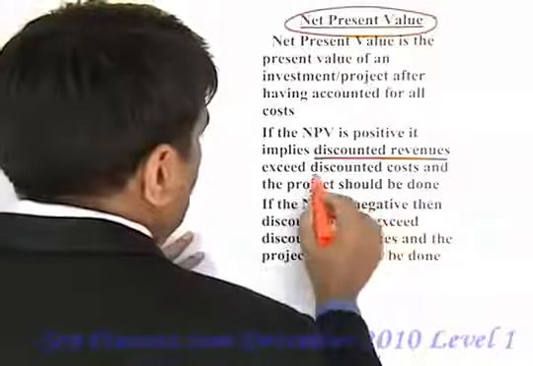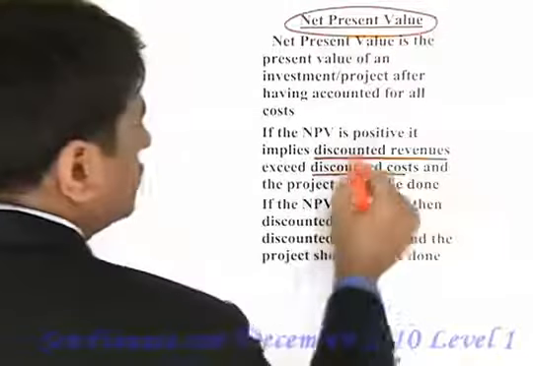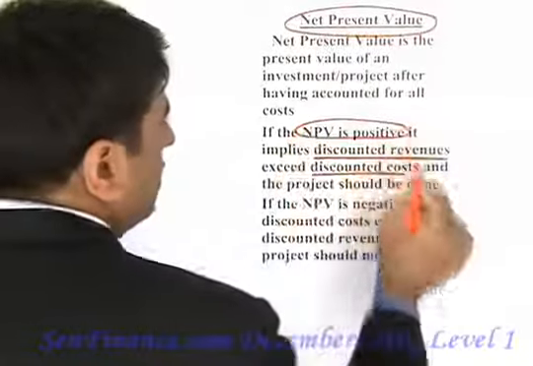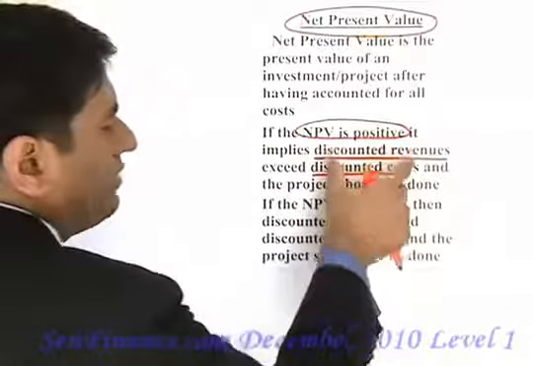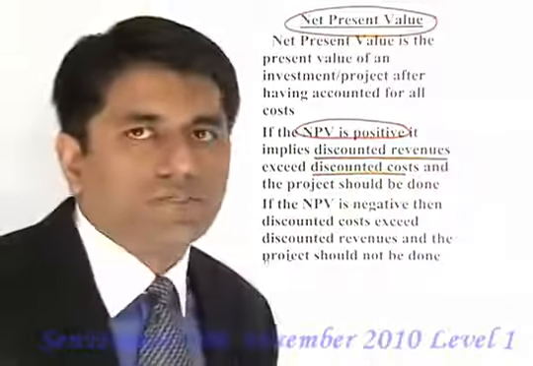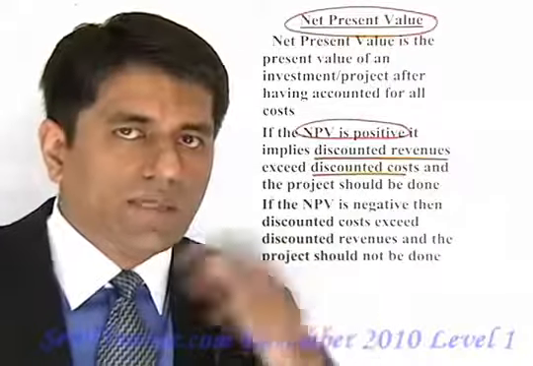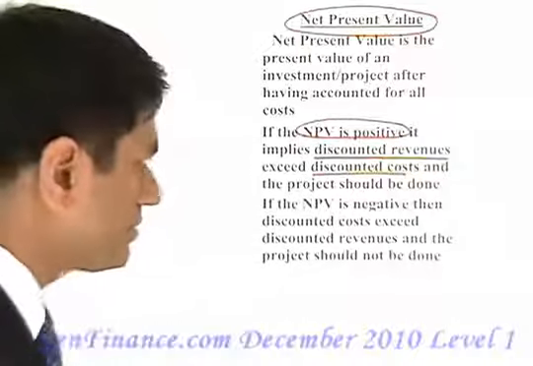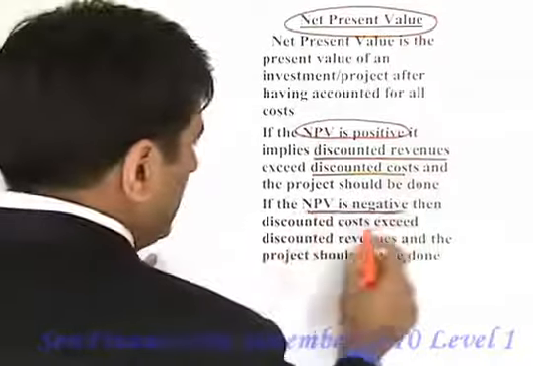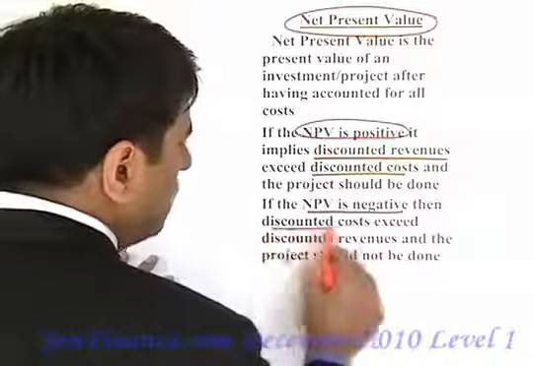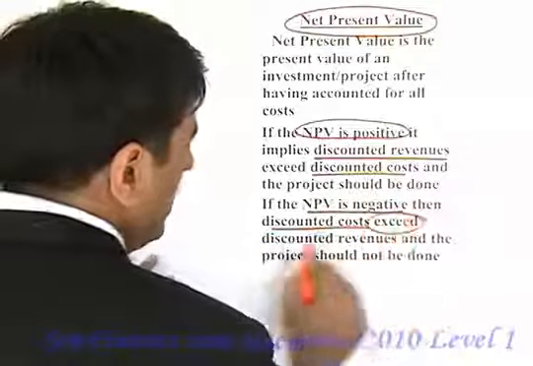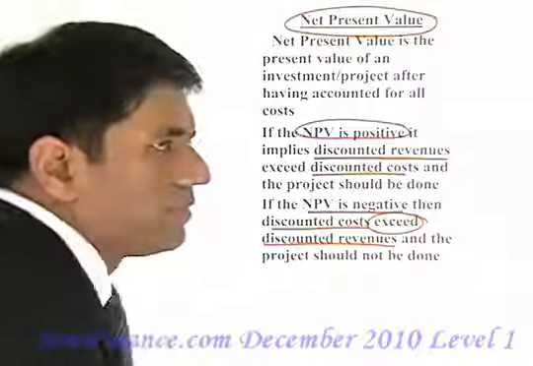Discounted revenues, discounted costs. So if the NPV is positive, it means that discounted revenues exceed discounted costs. So the project is producing more money than it is consuming. If NPV is negative, it would mean that discounted costs exceed discounted revenues.